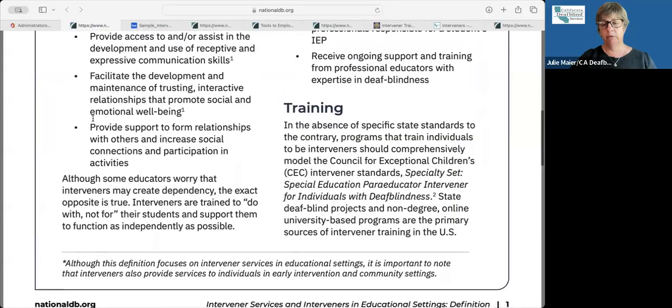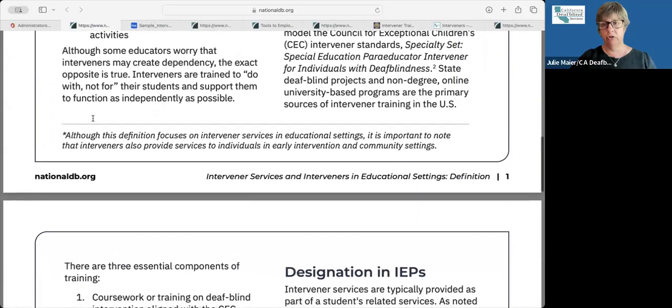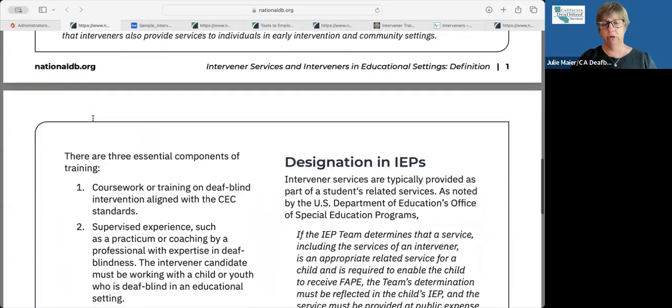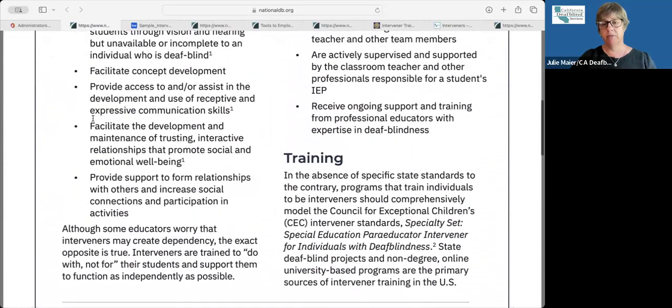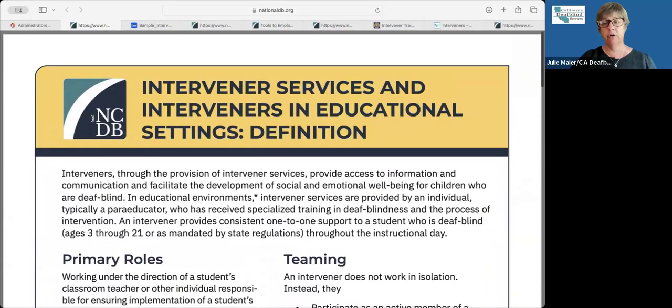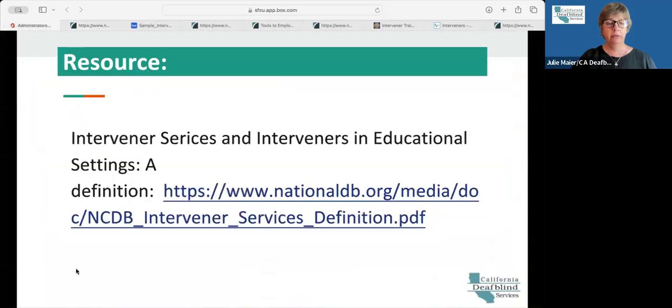We've provided you with this slideshow and you will have the link, so this could be a great resource for you to share with other members of the team or colleagues in your district or other districts. So that's resource number 1 that helps you understand what an intervenor is.